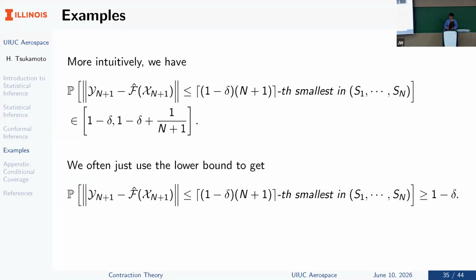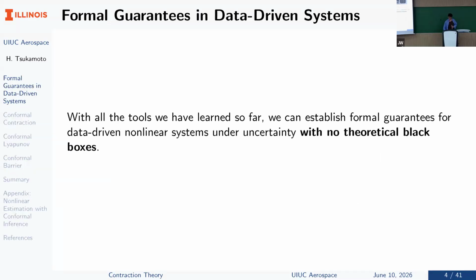So finally, naturally, let's use this with all the existing results of control theory. We can discuss this bound in the closed loop of the dynamic system. That's what we did with what we call conformal contraction.